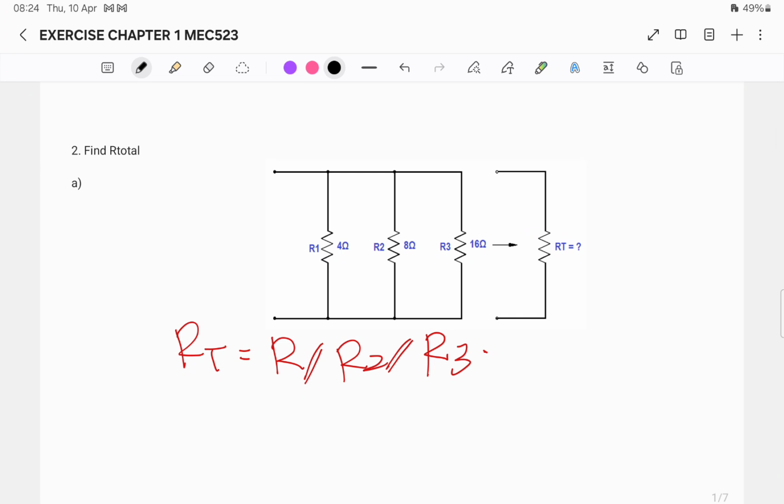Okay, so for parallel resistors, in the solution later, you guys can write like this, this is acceptable. Double backslash, meaning that R1 parallel with R2 parallel with R3.